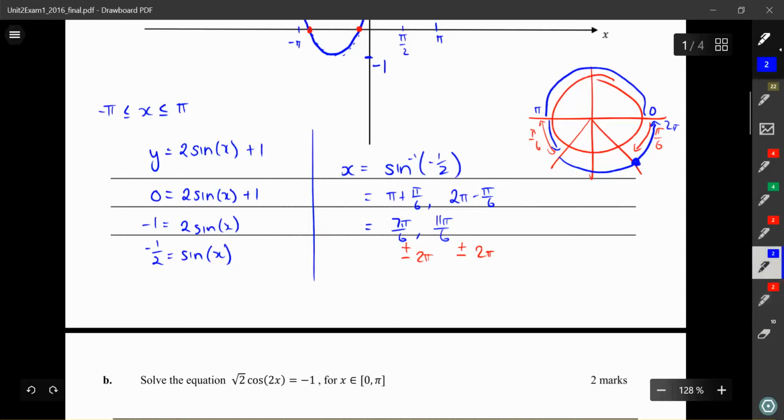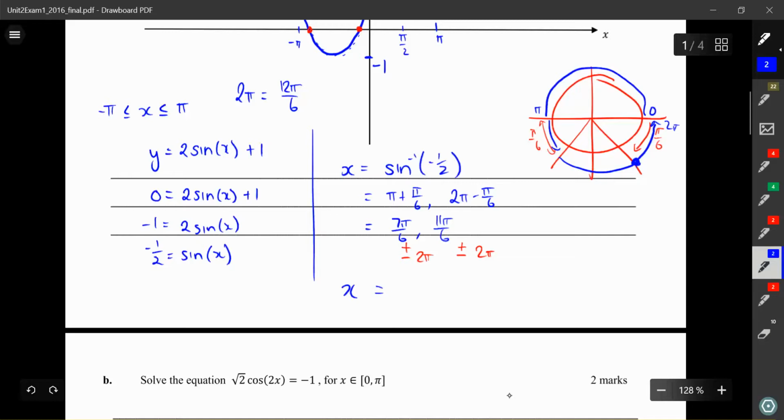Now remember 2 pi, just in terms of fractions, because it's all out of 6 at the moment, 2 pi is the same thing as 12 pi out of 6. True? Because 12 divided by 6 is 2. Now, that means if I'm adding and subtracting, I'm technically adding on 12 or subtracting 12.